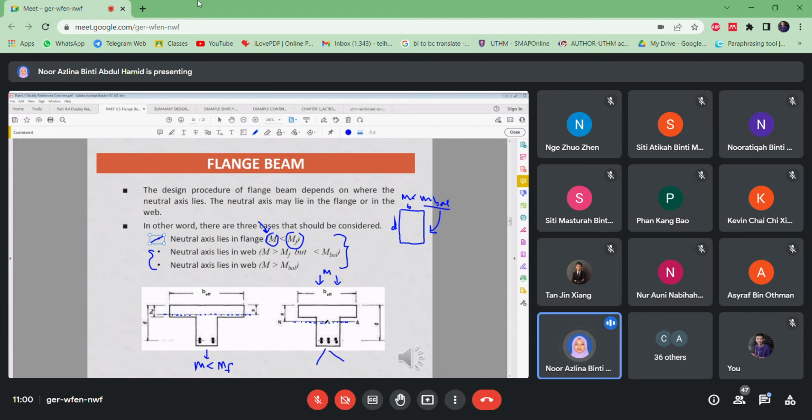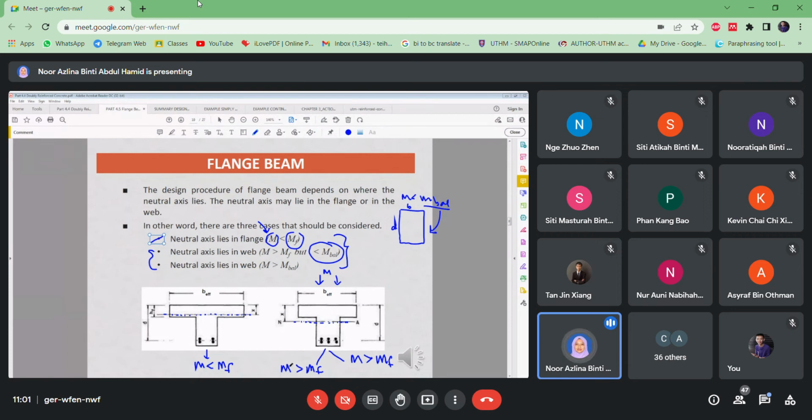For the case of neutral axis lies in web, it has two cases here. So M more than MF, both sama once M more than M flange, tapi you need to compare with another one that is M balance.